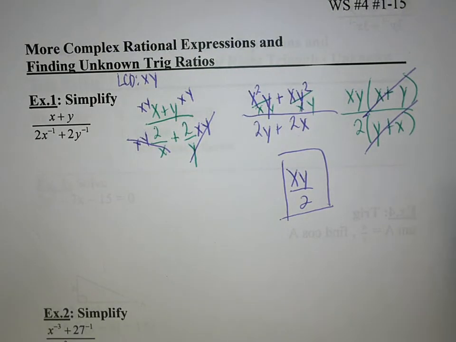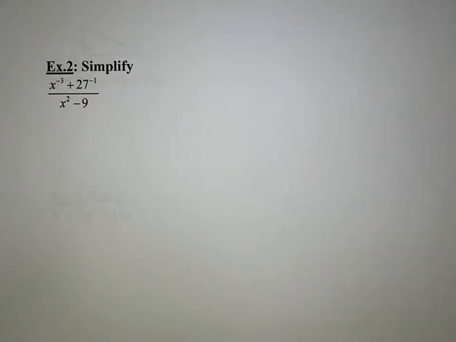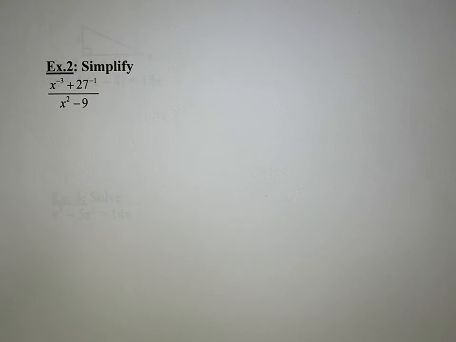All right, example 2. I just want you guys to start by getting rid of the negative exponent. So I'm just going to give you like 30 seconds to try to get rid of the negative exponents.